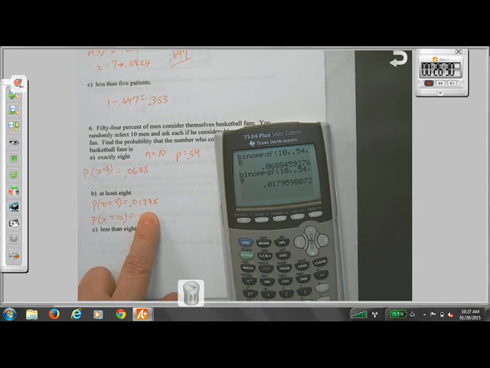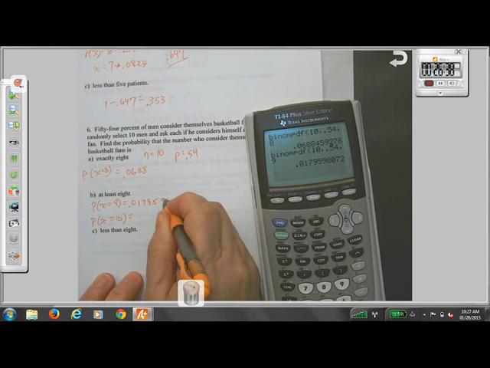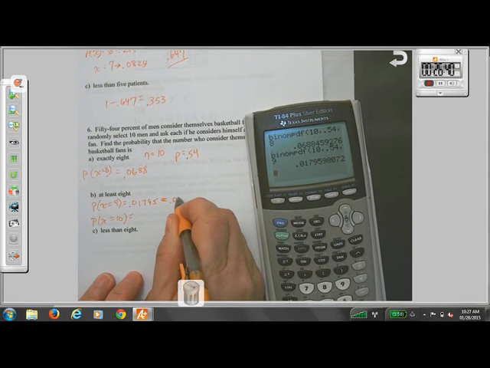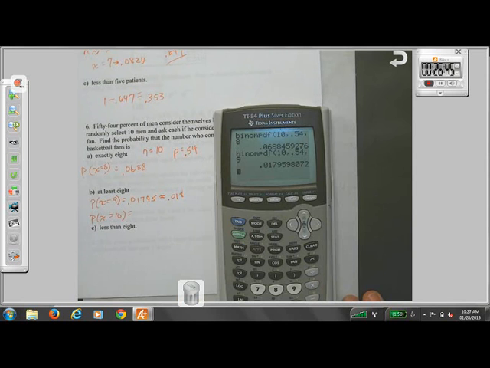0.18, with the rounding. Same thing again.